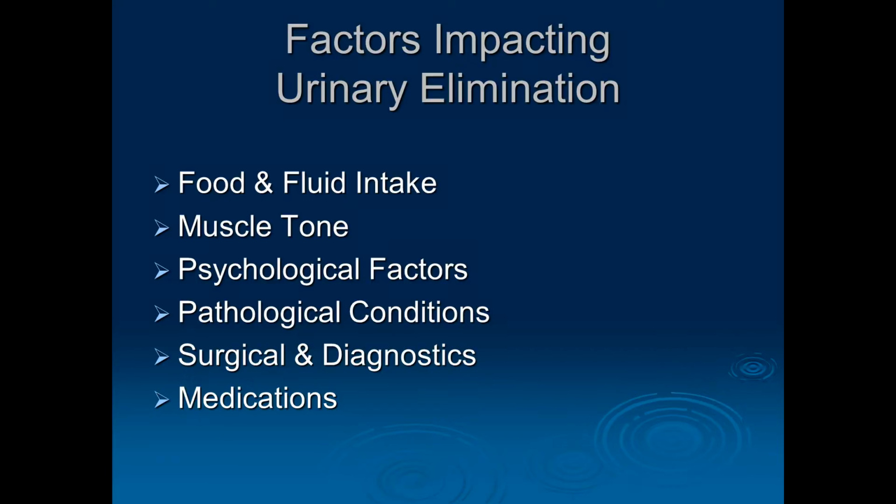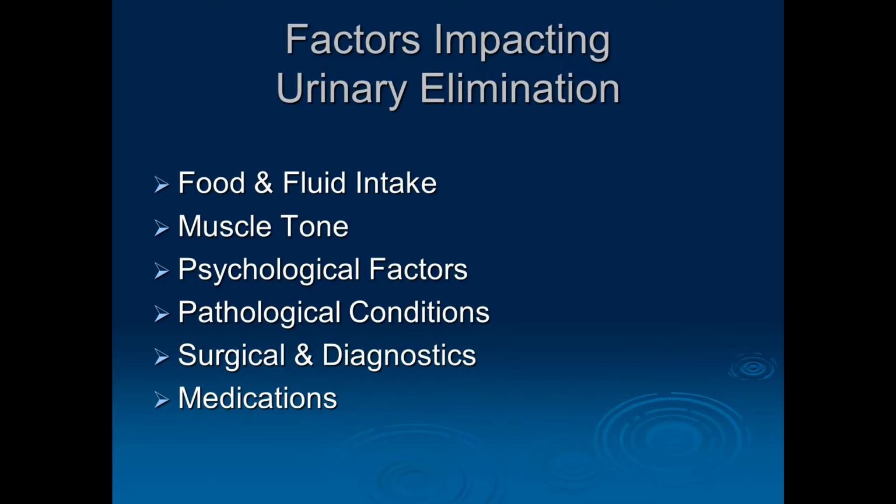So some factors that can alter the normal output include food and fluid intake. Output is usually balanced with intake, and certain fluids, such as alcohol, inhibit the production of antidiuretic hormone, so therefore we have increased output.